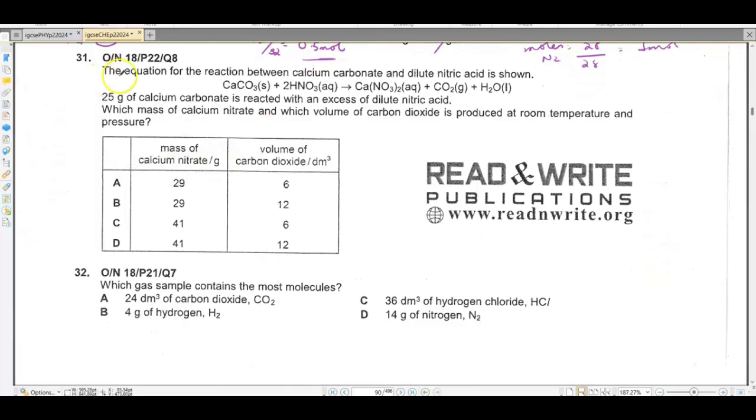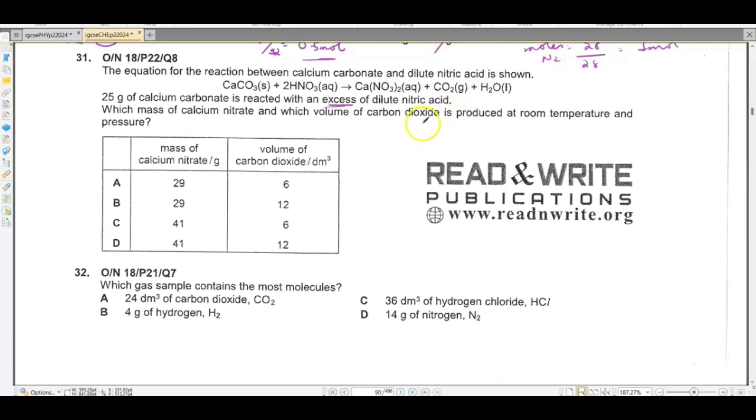Okay. Question number 31. The equation for the reaction between calcium carbonate and dilute nitric acid is shown. 25 grams of calcium carbonate is reacted with an excess of dilute nitric acid. Now they've told us that dilute nitric acid is in excess, so calcium carbonate is the limiting reactant. Which mass of calcium nitrate and which volume of carbon dioxide is produced at room temperature?